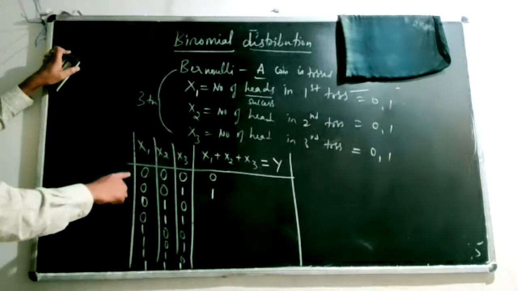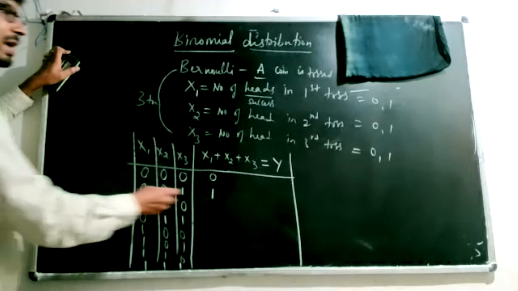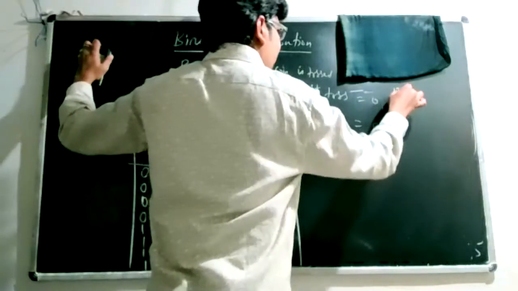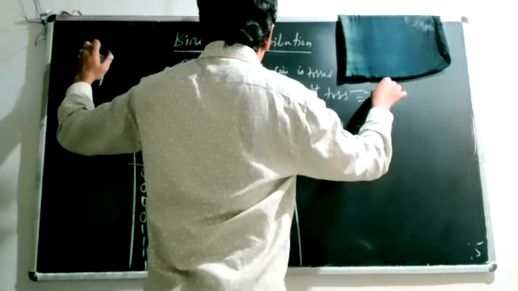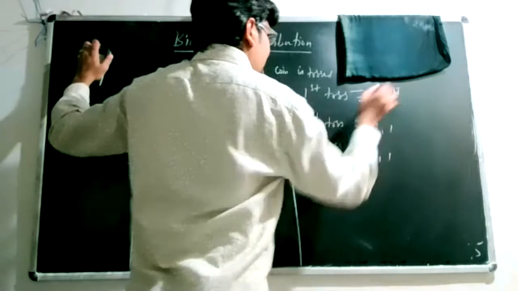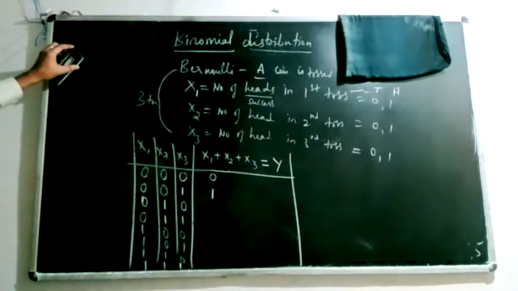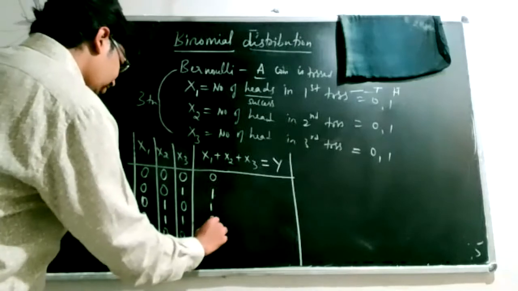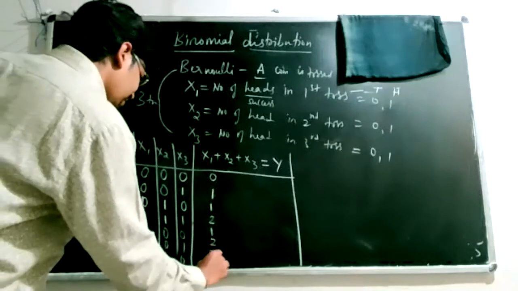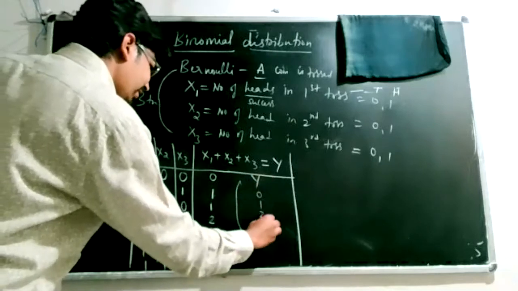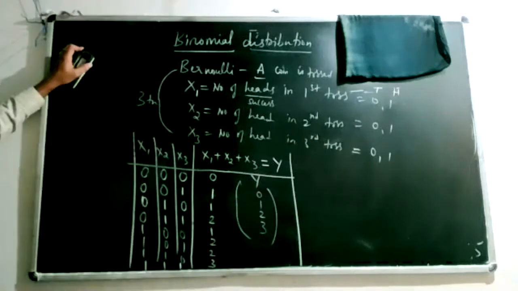So instead of writing it as h, now I'm replacing head by 1 and tail by 0. Number of heads I will count; tail is indicated by 0. So I have 0 heads, 1 head, 1, 2, 1, 2, 2, and 3. So if you look into the total possibilities, I have only 4 such cases.